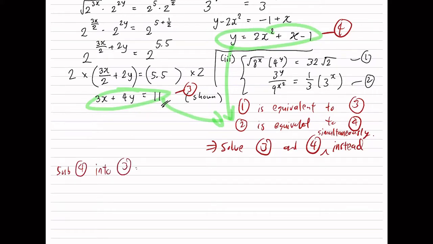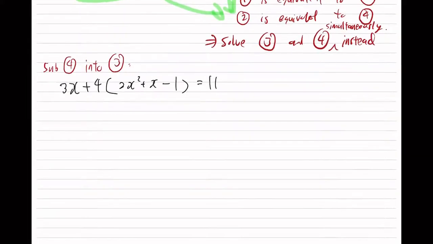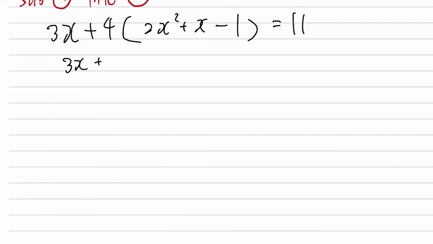What do we get? We get 3x plus 4y equals 11. What's y? y is 2x squared plus x minus 1. Yes, exactly. Then you can just solve. Let's just quickly solve this. 4 times 2, 8x squared. 4 times 1, 4x. 4 times negative 1, minus 4, equals 11. 8x squared. 4 plus 3, 7x.